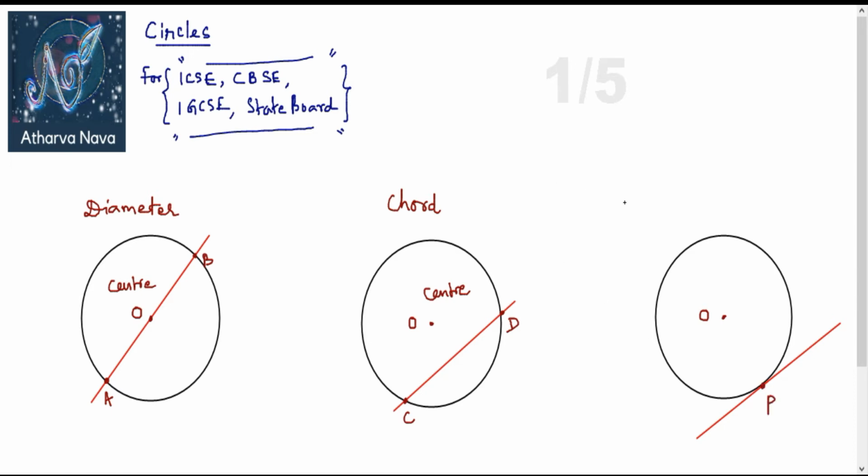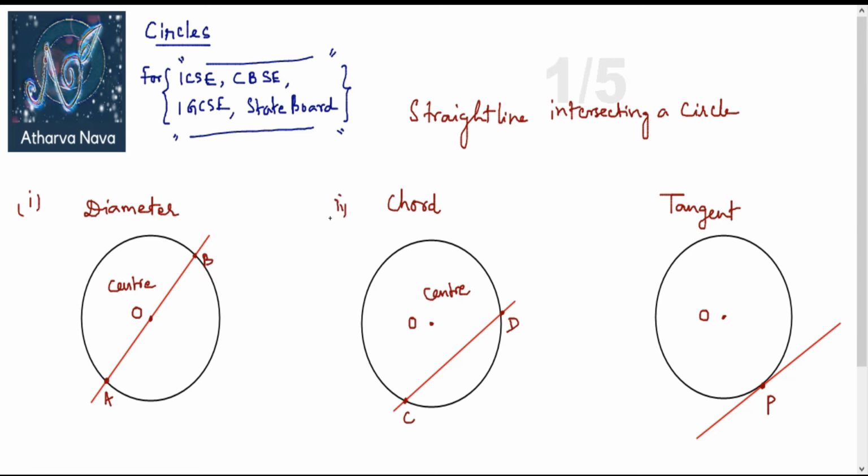Let's say that point is P. Only 1 point, then it is called a tangent. All the 3 are straight lines, so we talk about a straight line intersecting a circle. That can be 3 ways.